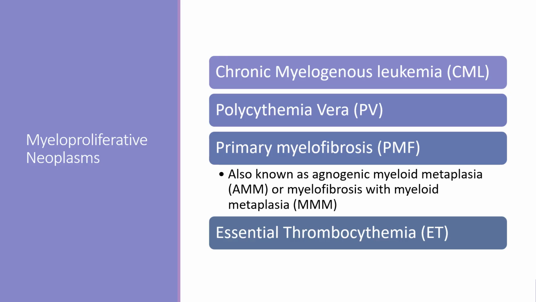Next, we have primary myelofibrosis. This has a couple of other names. You may hear agnogenic myeloid metaplasia, AMM, or myelofibrosis with myeloid metaplasia. All of those terms are interchangeable. And then last but not least, essential thrombocythemia.